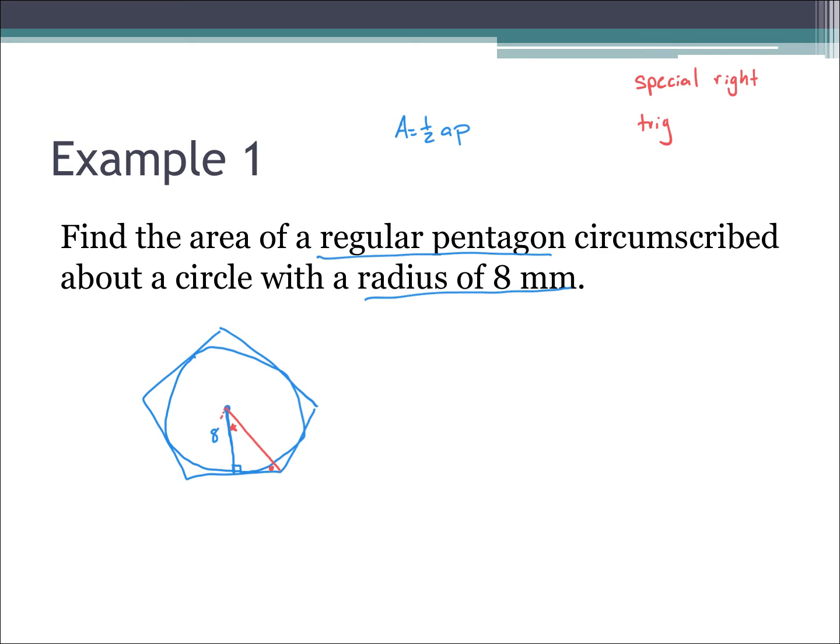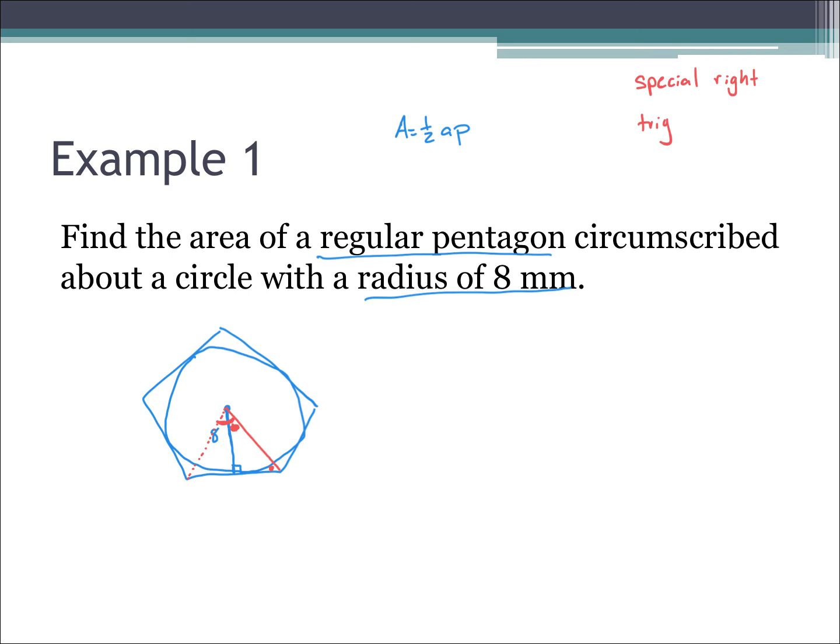So if I were to extend the radius and draw a radius over here, I would have the big angle is my central angle, and as I mentioned earlier, this piece right here is half of the central angle. So if I can just find that central angle, then I'll be good.